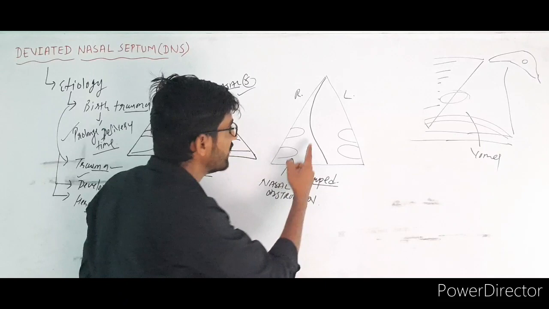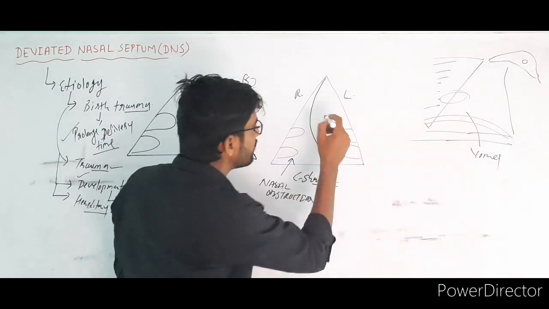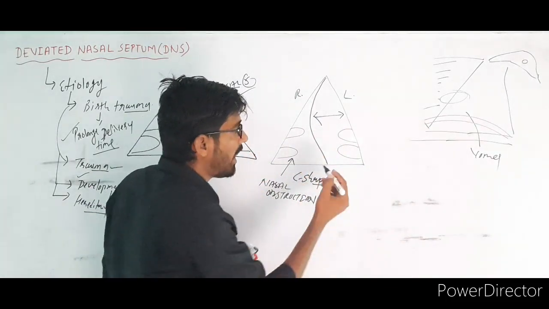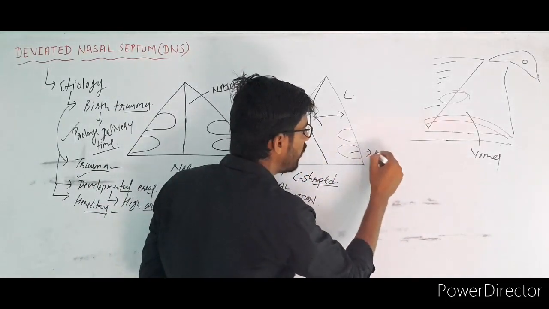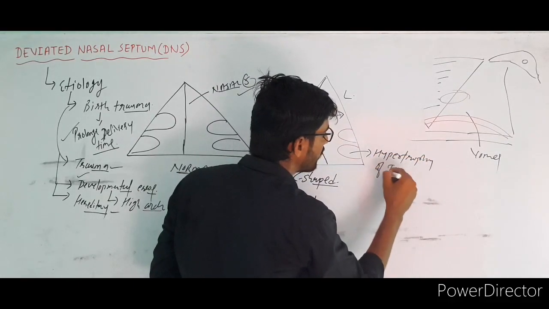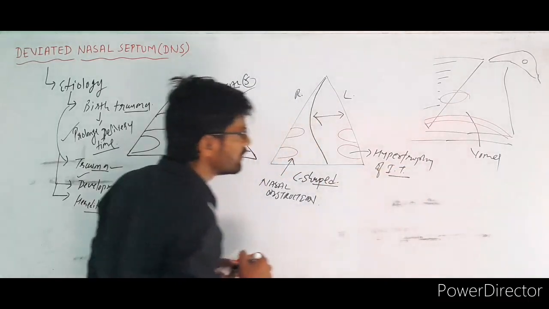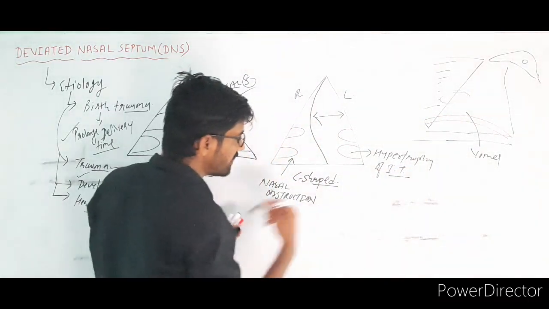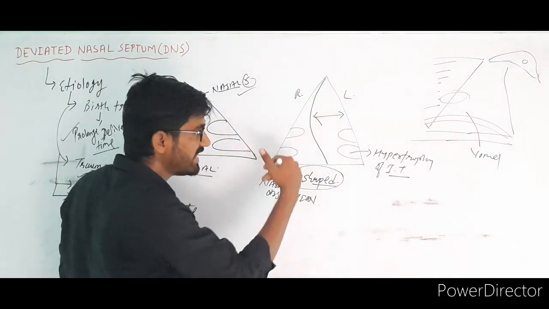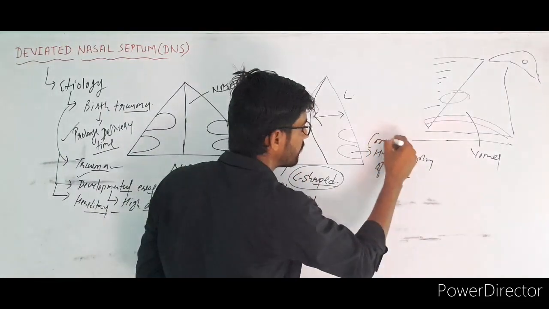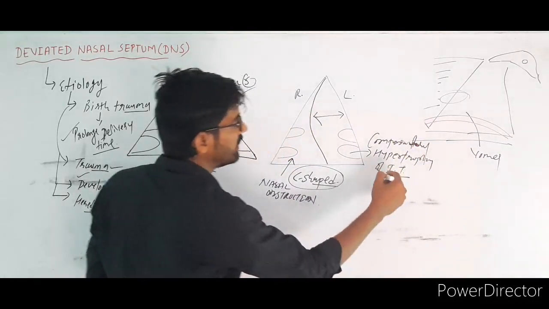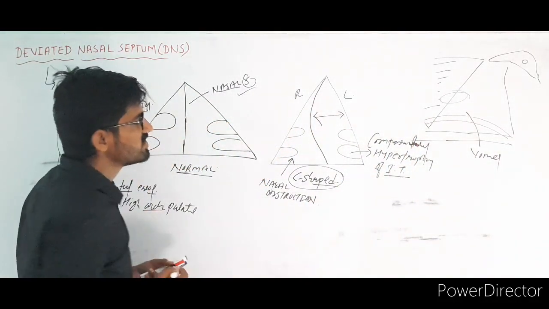Now, if it is C shaped, this concave part is wider, and there is hypertrophy of the inferior turbinate. So in the C shape, the septum is deviated to one side, and there is compensatory hypertrophy of the inferior turbinate. So this is the C shape type.